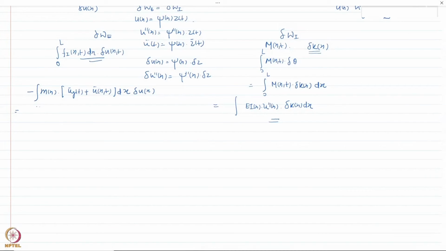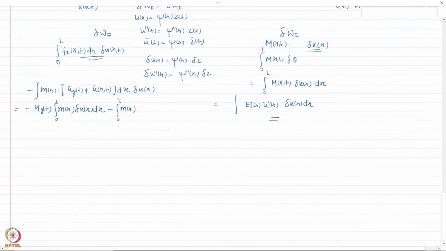Basically it would become minus u_g double dot of t times the integral from 0 to L of m of x times del u of x dx, and then minus the integral of m of x, substituting the expression for this, which would be phi of x times z double dot of t, times del u of x, which would again be del z here.